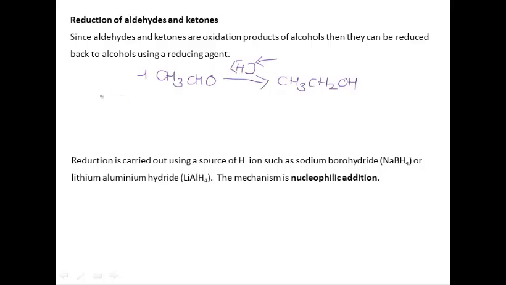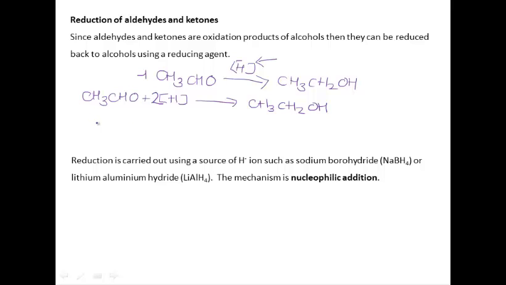If you're asked to write an equation for this, you need to make sure that you also balance the equation. So doing this again, CH3CHO plus your active hydrogen in brackets, going to give ethanol. And if you look, you are gaining 2 of these, so you need to balance that with a 2.